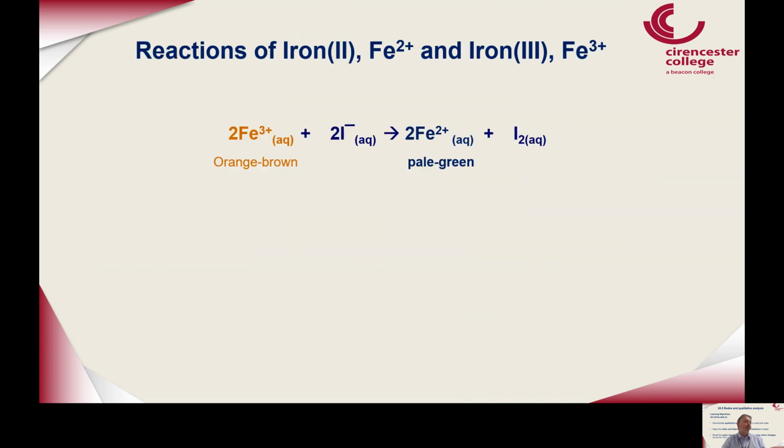Okay, so if we have iron 2 and iron 3 plus, iron 3 plus is orangey brown and iron 2 is pale green. That's something to use to identify the difference between an iron 3 compound and an iron 2 compound. Iron 3 compounds tend to be the darker orangey brown ones, and iron 2 tend to be pale green. Iron 3 plus is reduced by iodide ions.